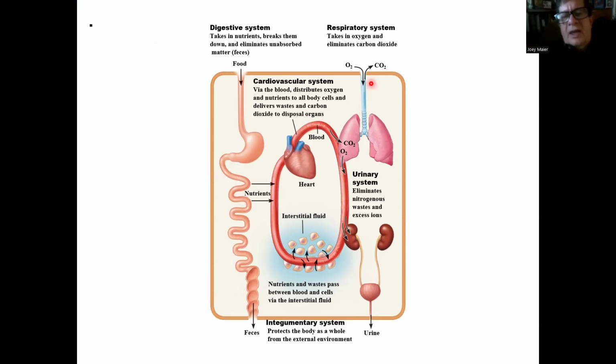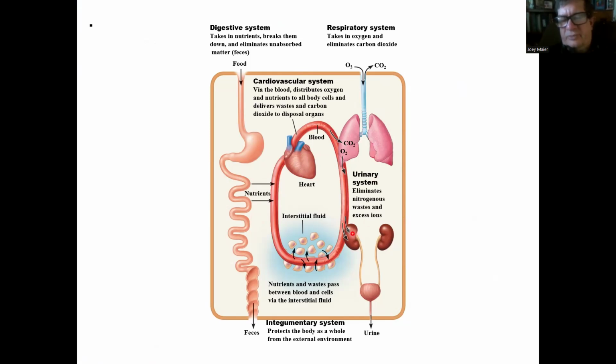The same way, using those nutrients requires oxygen, like mitochondria breaking down glucose. So the respiratory system has to deliver oxygen to the blood, which will be carried through the body. And then the same blood is going to carry carbon dioxide waste away and take that back to the lungs so we can breathe it out.